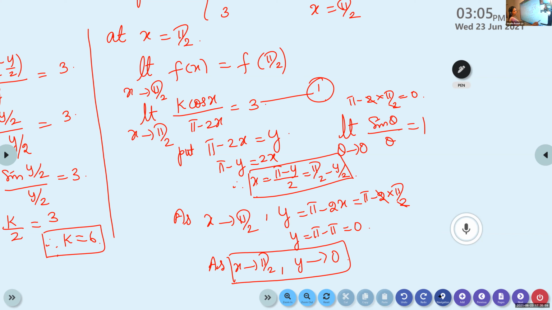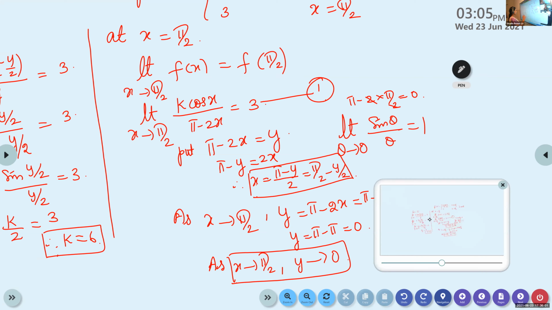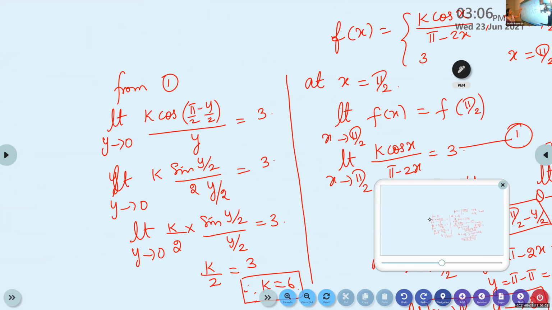So from the given expression, instead of x, everything is converted in terms of y. We write limit y tending to 0, k into cos of pi by 2 minus y by 2, by y is equal to 3. That is limit y tending to 0, k into sine y by 2 by y.